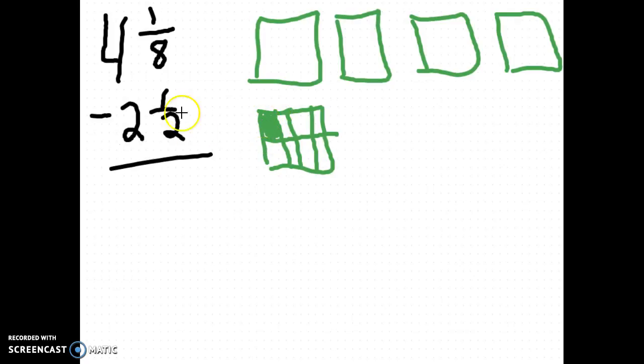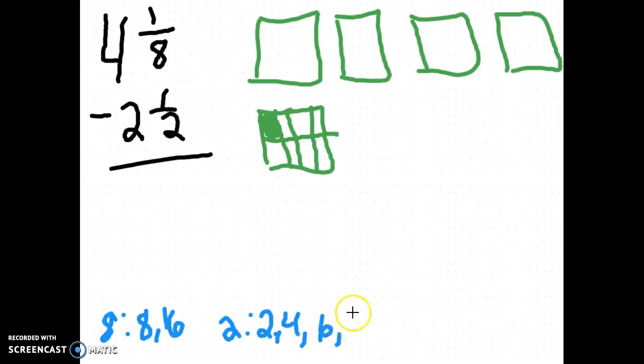So the first thing that we're going to need to do is make our fractions like denominators, or like fractions. So if I look, I have 8 and 2, and my multiples of 8 are 8, 16, and so on. And my multiples of 2 are 2, 4, 6, 8. So 8 is the first one they have in common.